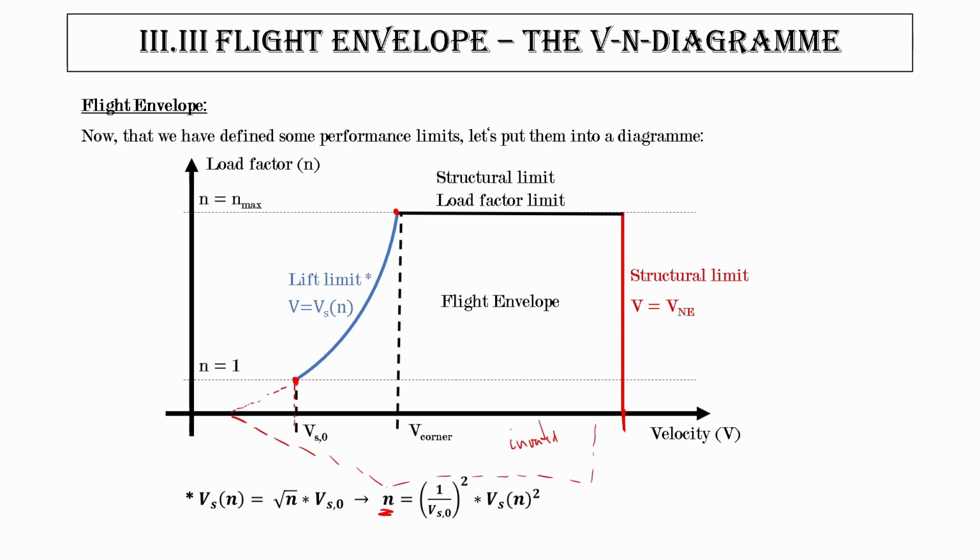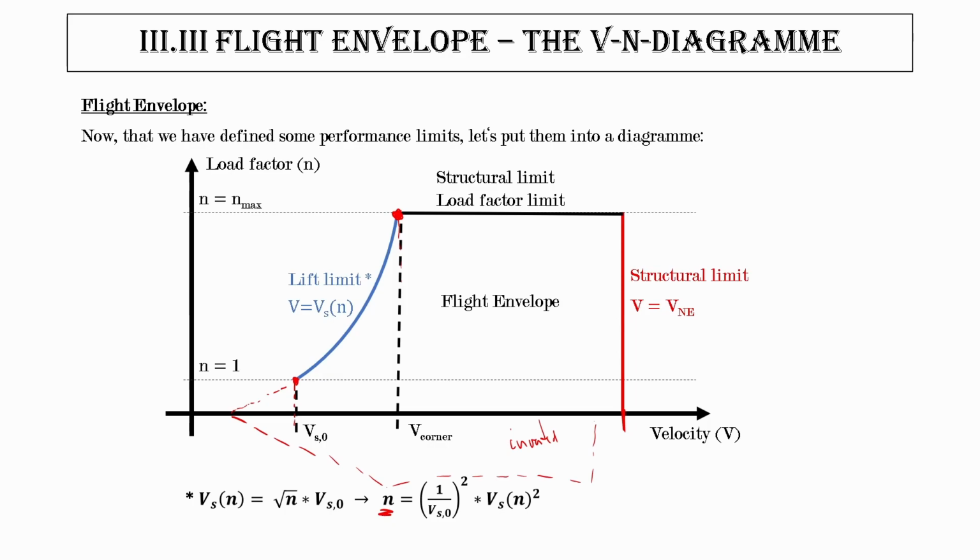Because this looks like a corner, this point is called corner speed. This is the corner speed of our flight envelope. As we will learn, this becomes important with regards to aircraft performance, because the corner speed is the speed at which we have best turn performance.